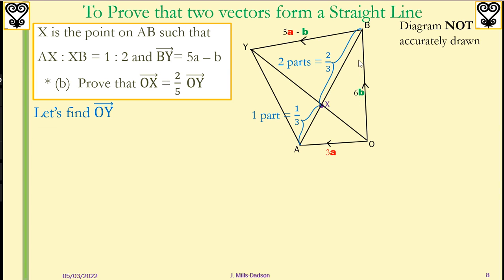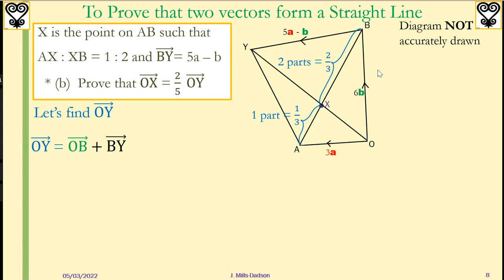So vector OY is the same as vector OA plus vector AY, but you don't know vector AY. You can also say it's the same as vector OB plus BY. So when you're doing these kinds of questions, check which information will really help you to work out your vectors. So vector OY is OB plus vector BY.